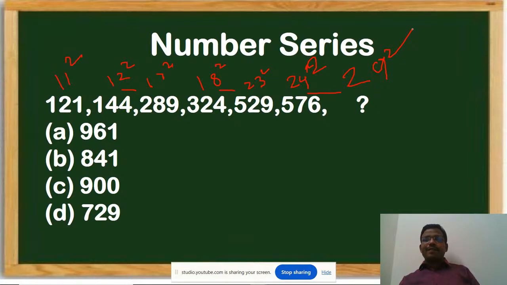How can we remember? So 29 square should end with a 1, and that should be less than 30 square, 900. So there is only one option that ends with 1 and is less than 900. So 841 is the answer.